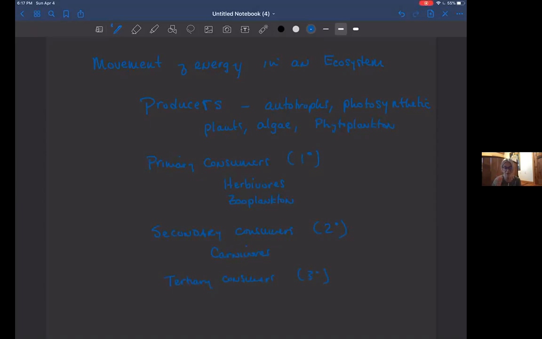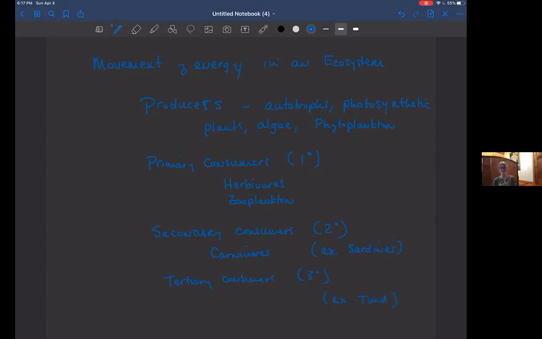A good example of this would be in aquatic ecosystems where we might have, as a secondary consumer, an example would be sardines, which are very small fish. You might have had them in the can, right? Sardines. And then the tertiary consumers would be like maybe tuna, which are bigger fish, right?